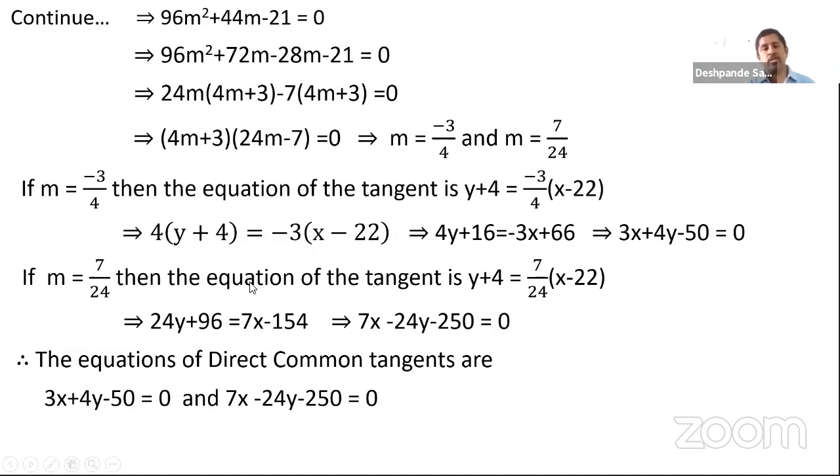So what is the procedure you are going to take? First of all, you take the centers of the two circles, then the radii. Then if it is a direct common tangent, you take the ratio as R1 is to minus R2 or minus R1 is to R2 straight away. Take the ratio. Then after getting the ratio, what is the next step?